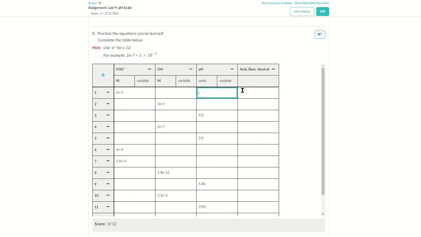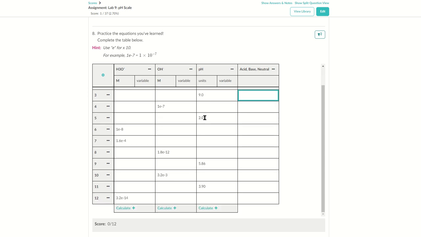Now, for the rest of these, what we can do is focus on what we do have available. So for example, this one, you have a pH of 9. So right off the bat, you can tell me whether it's acidic or basic or neutral. And the same thing for row 5, 9, and 11.